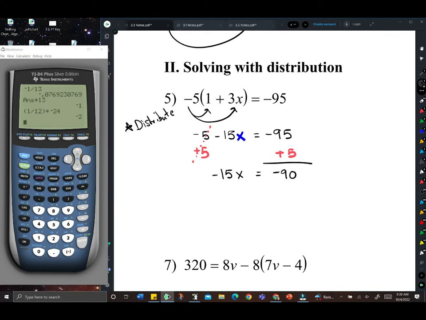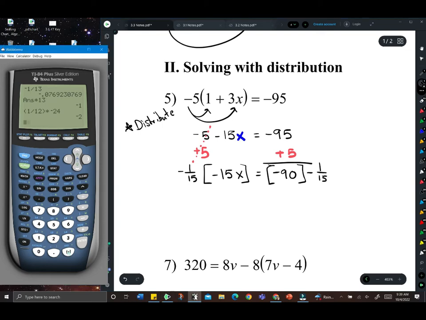Opposite of negative 15. Inverse, times negative 1/15, and negative 90 times negative 1/15 is going to be 6. And there we go.